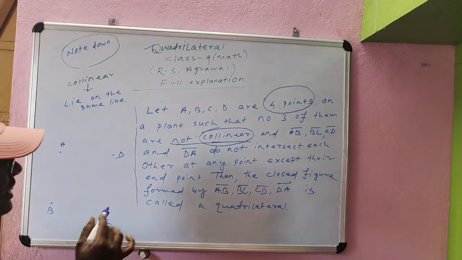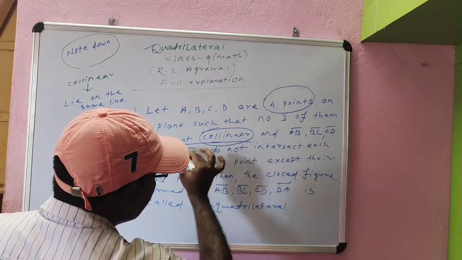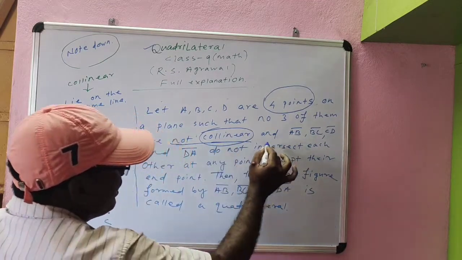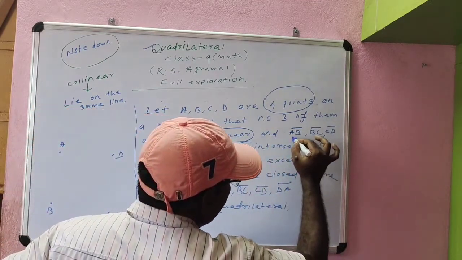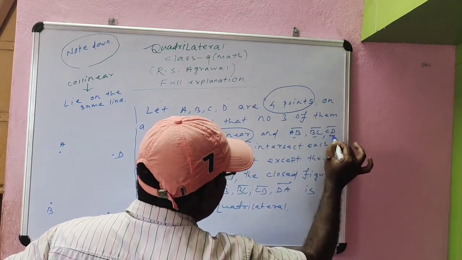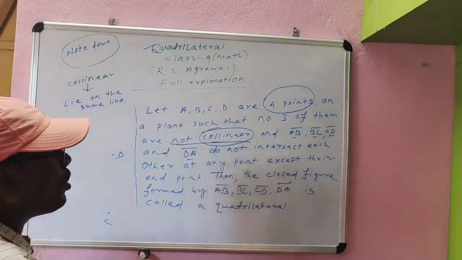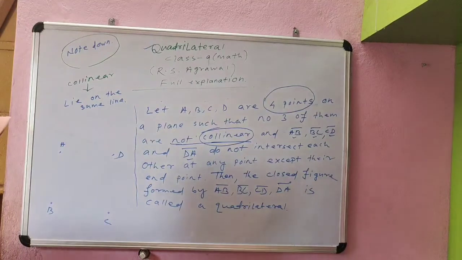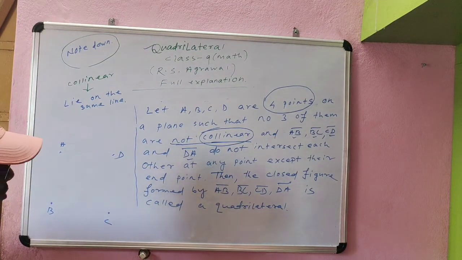That is the first condition, not collinear. And the second condition is that AB line segment, BC line segment, CD line segment, DA line segment do not intersect each other at any point except their end point.